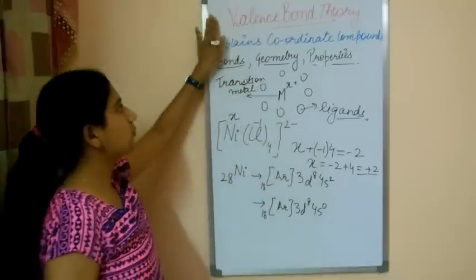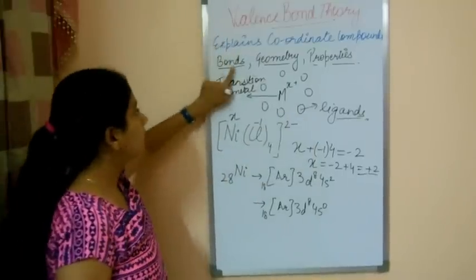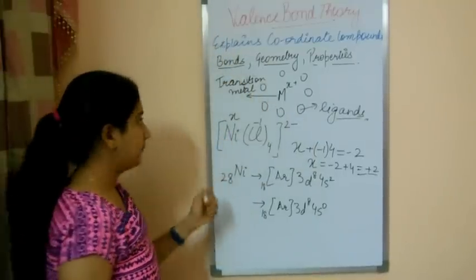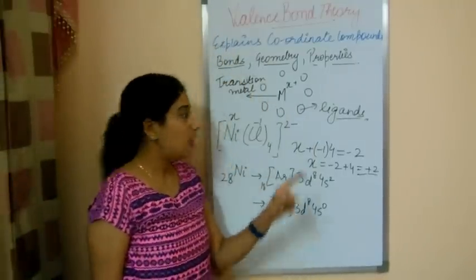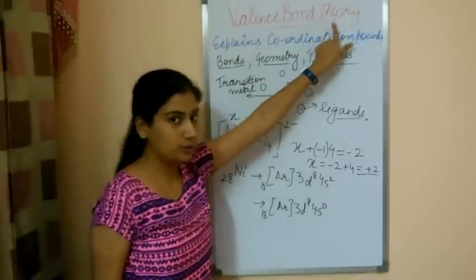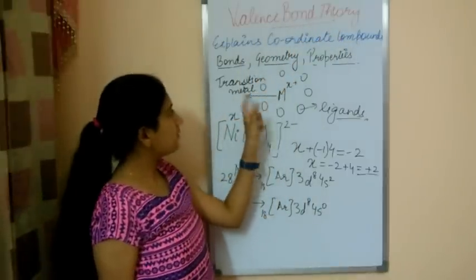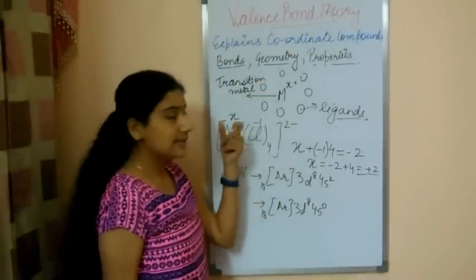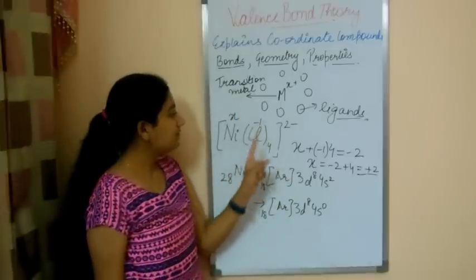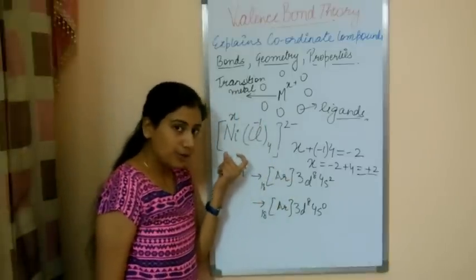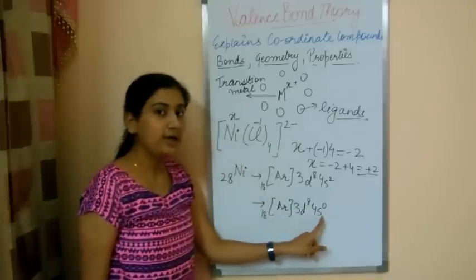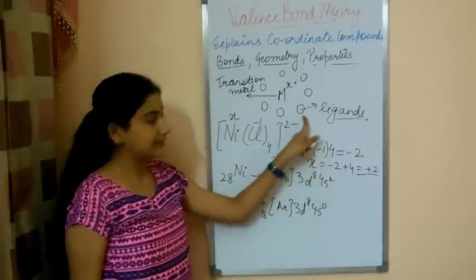Now what does valence bond theory say about bonds in transition metal atoms? The first feature of valence bond theory which explains the coordinate bonds is that the metal atom is going to provide empty orbitals to the ligands.